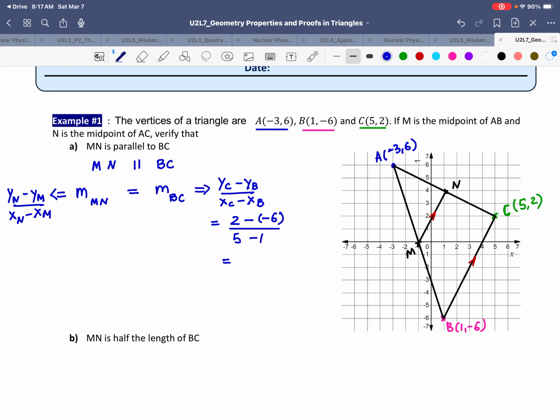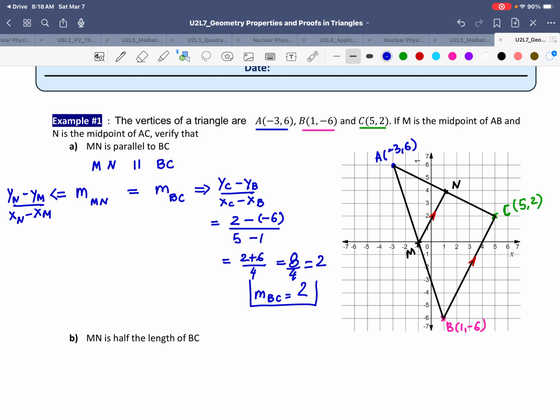Simplify some more, and then you have 2 plus 6 over 5 minus 1, which is 4. That would be equal to 8 over 4, or positive 2. So we got the slope of BC equal to positive 2.